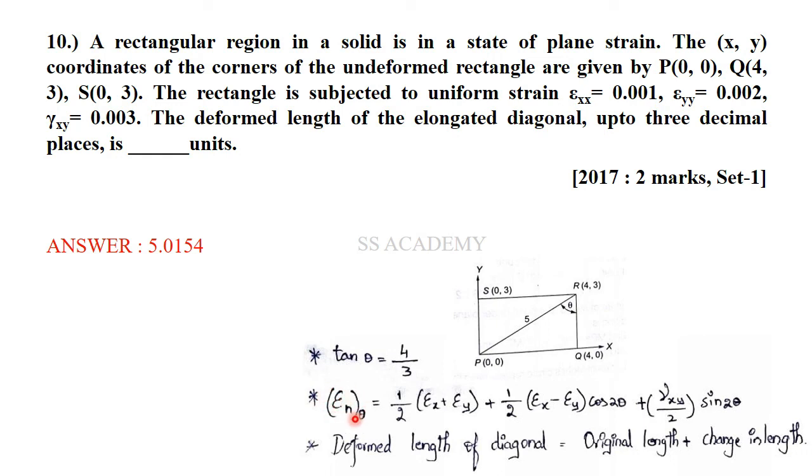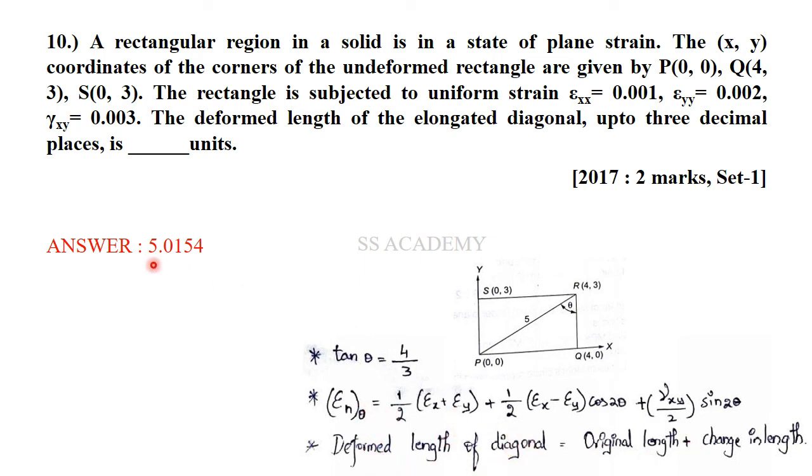Generally strain is defined as change in dimension divided by original dimension. So by multiplying this epsilon n theta with the original dimension, that is 5, you will get the change in dimension. After finding the change in the diagonal length, you just add this to 5, which is the original length, and you will get the deformed length of the diagonal.